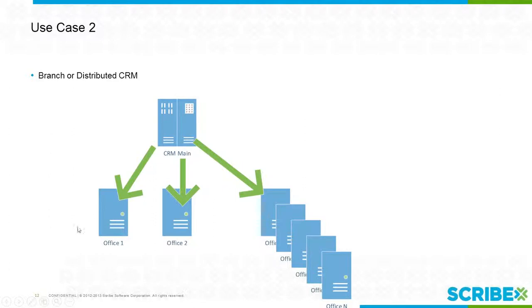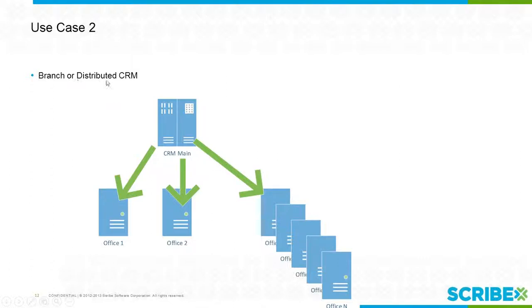So folks in my branch office might have a local CRM installed, or a CRM Online instance, and the main CRM system might be an on-premise environment. So this is a hybrid world where my branch offices are CRM Online and my headquarters is on-premise. The security on those systems is different, and yet I still need to replicate the data across that environment.